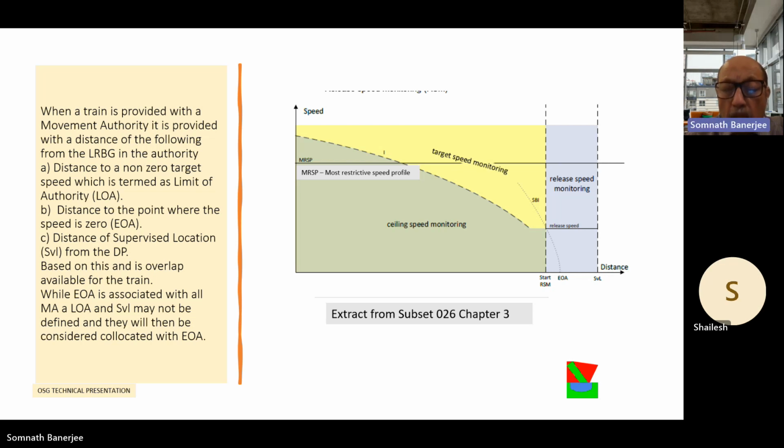Where there is no supervised location, the ability to automatically bring a train very close to the end of authority is not there.